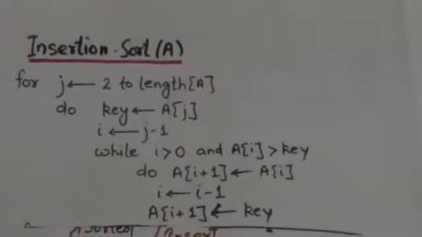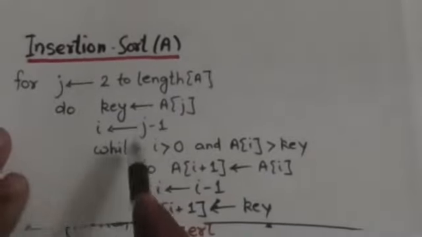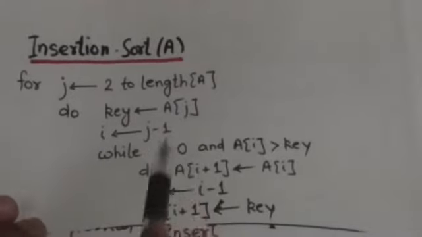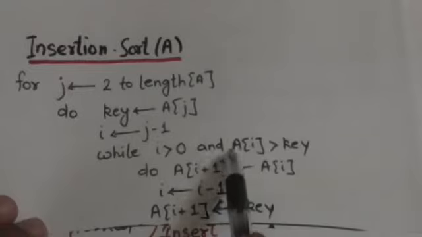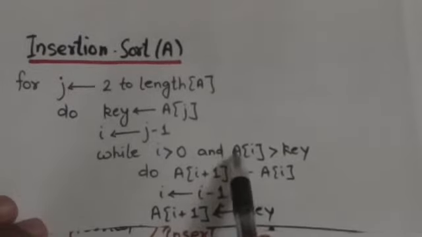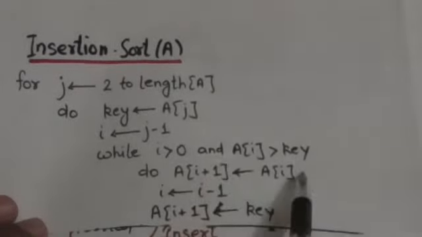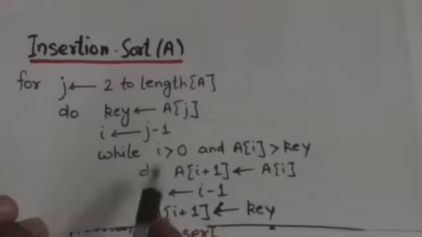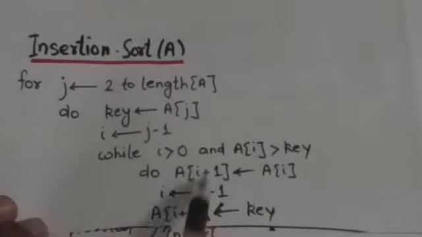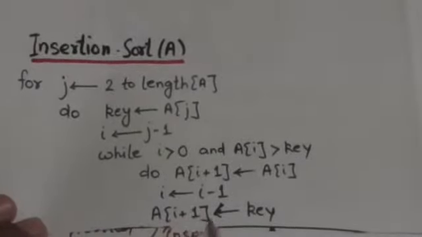If either the value of I becomes 0 or the value stored at index I is lesser than key, then this while loop stops and the value of key is stored at index I plus 1.